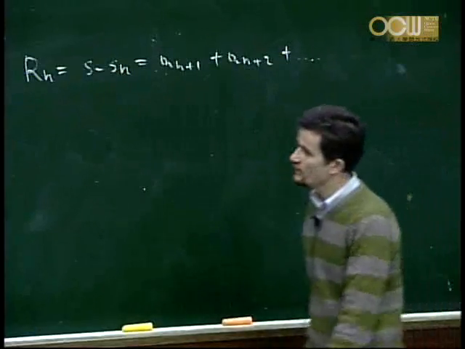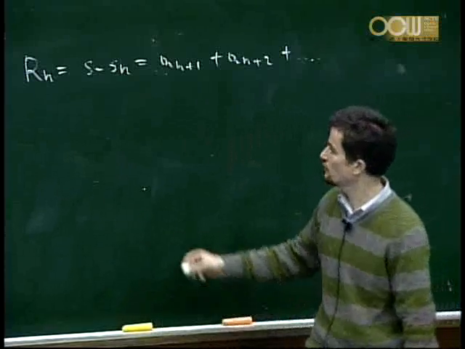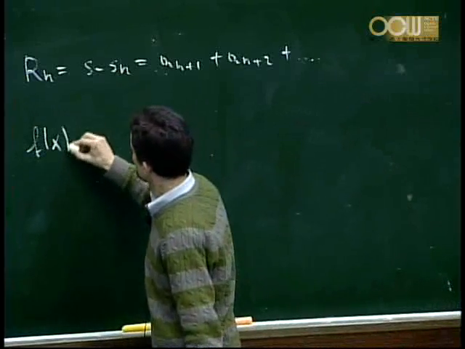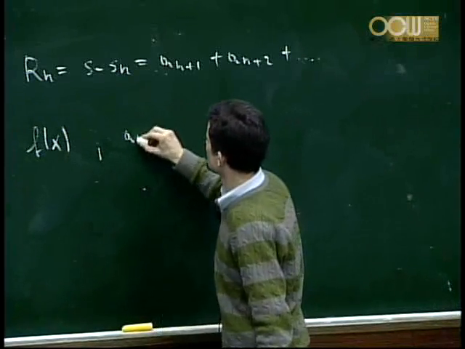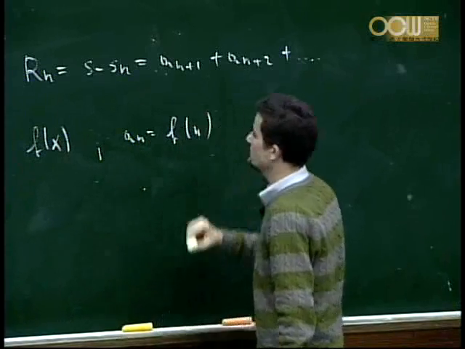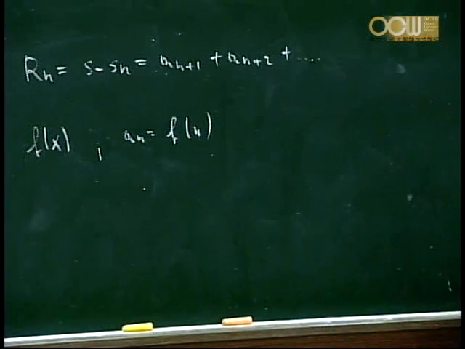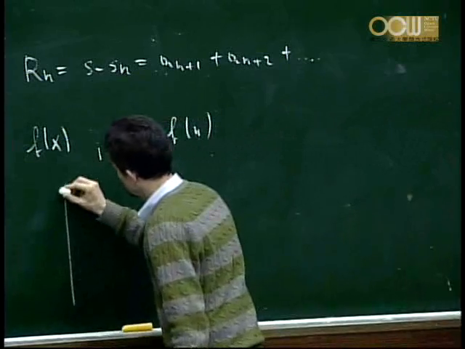Now, if you have used the integral test, then you already have a function f of x which is decreasing, and a_n is equal to f of n. Again, you can use the following picture.